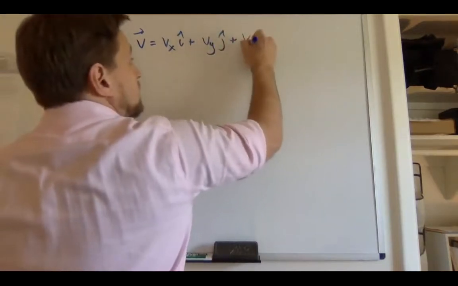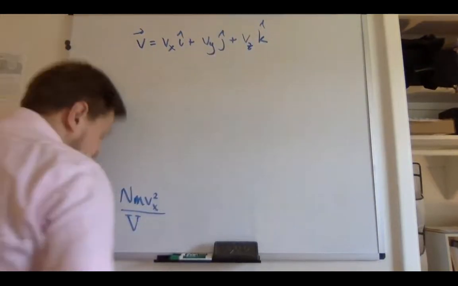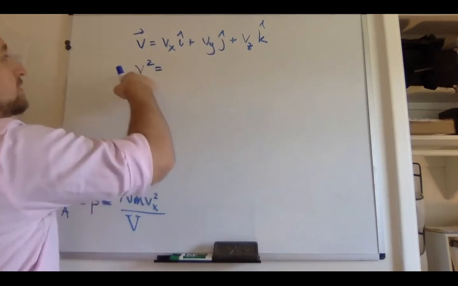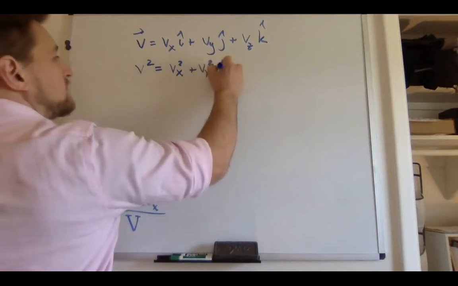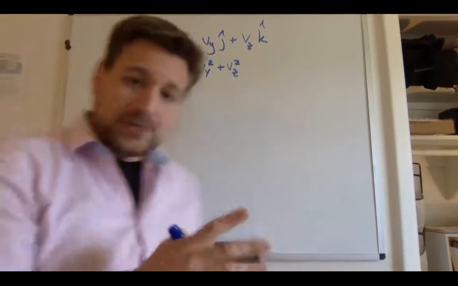Generally speaking, each molecule has an x, a y, and a z component of its velocity. The magnitude of the velocity squared should be the sum of the squares of the components. And here's the tricky part.